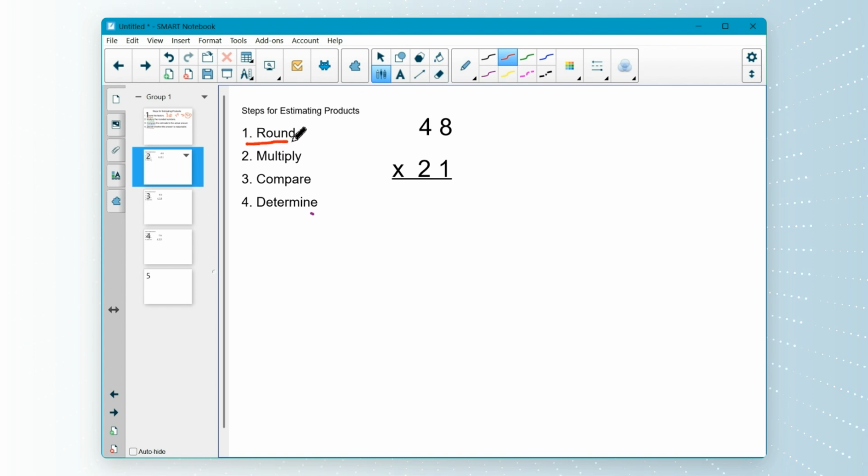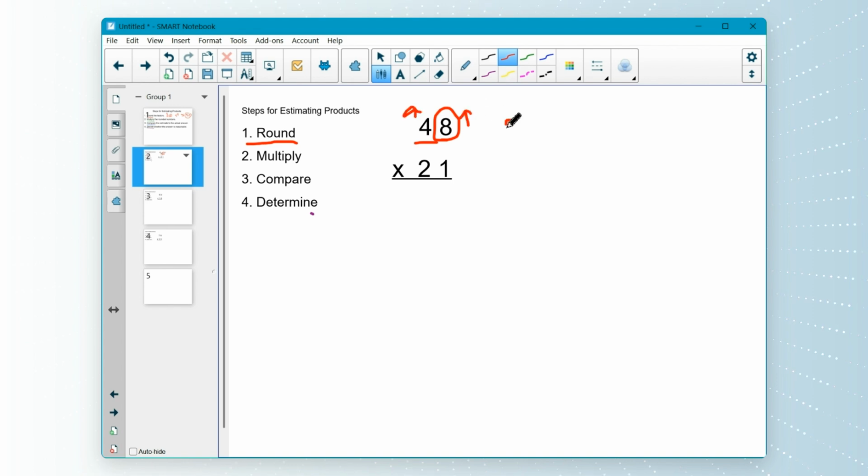So the first thing we're going to do is round. I'm going to round my 48 and my 21 in my 48 times 21. Those are my two factors. So for 48, I'm going to look at my 4 in the tens place and I'm going to look next door at my 8. My 8 is 5 and above, which means I'm going to give the number 4 a shove.